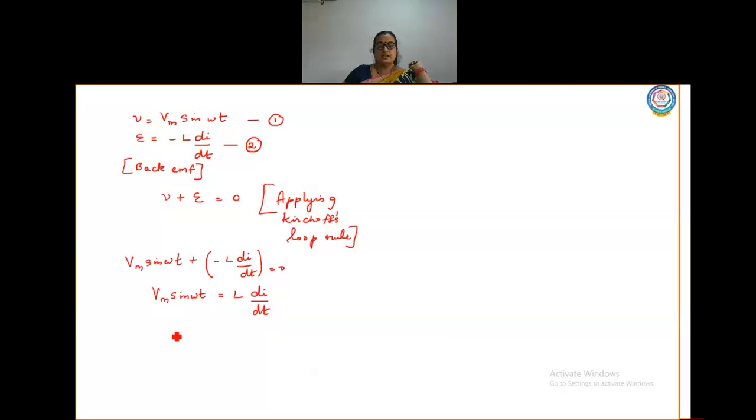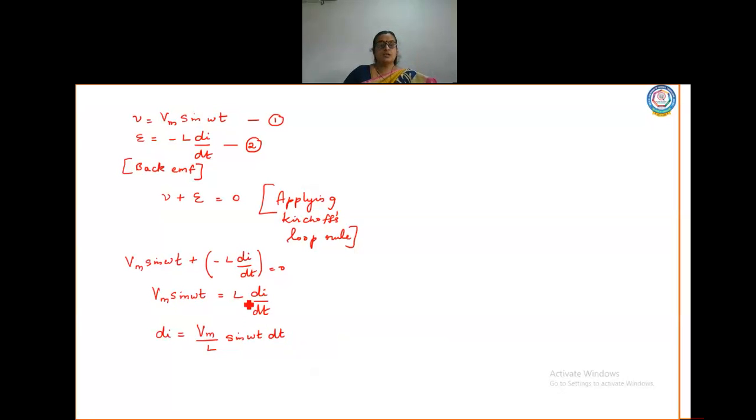Now I want the value of current, so let me bring this di to the left side. Rearranging, di equals Vm by L sin omega t into dt. So this is the equation.